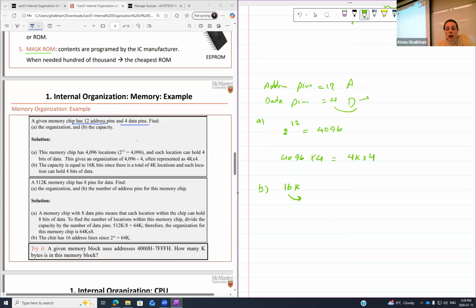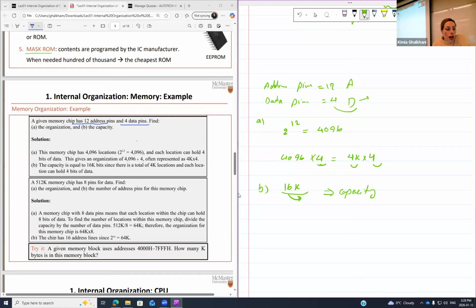So altogether I'm going to have 16K bits. This is going to be the capacity. 4K locations, each with 4 data pins, then it becomes 16K capacity. Make sense?